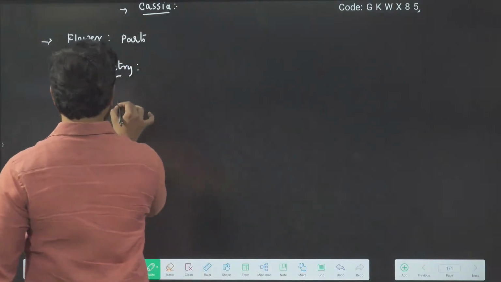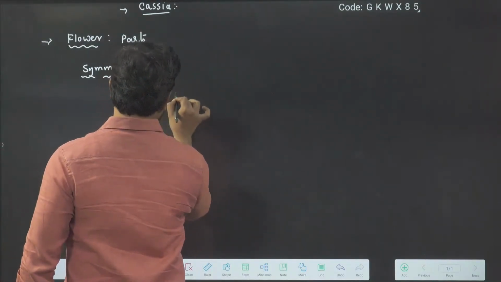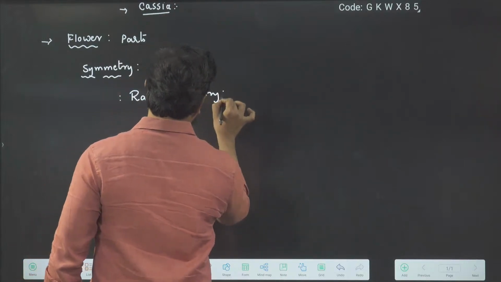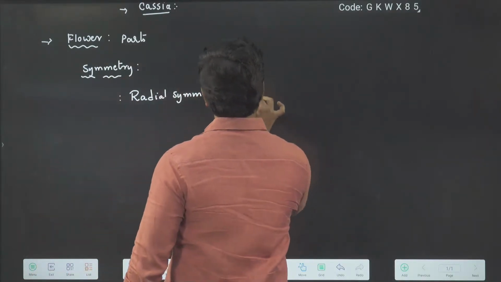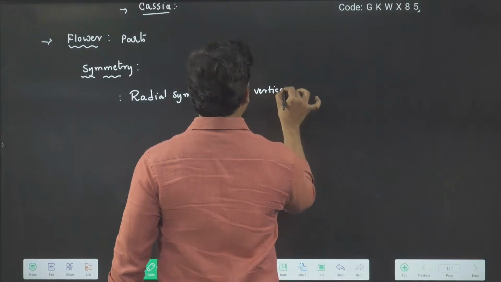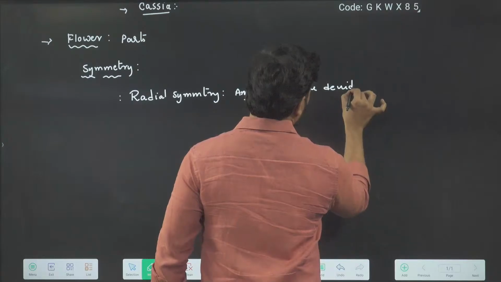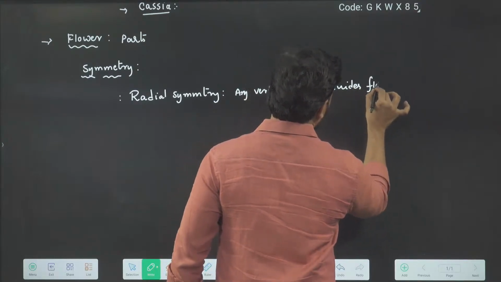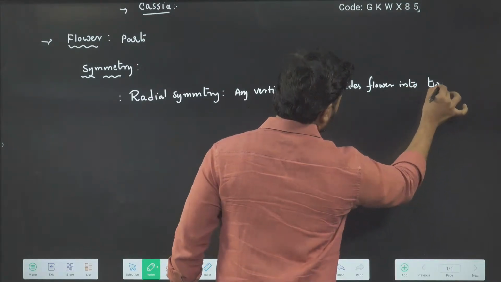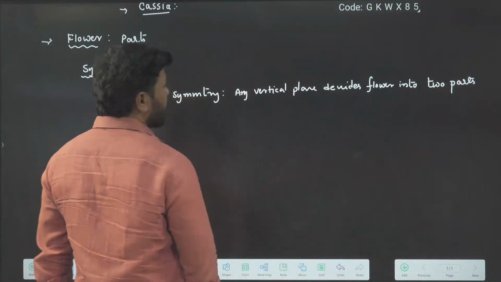First one, radial symmetry. What is radial symmetry? Any vertical plane divides the flower into two parts.